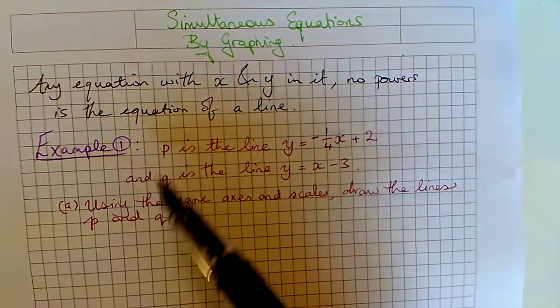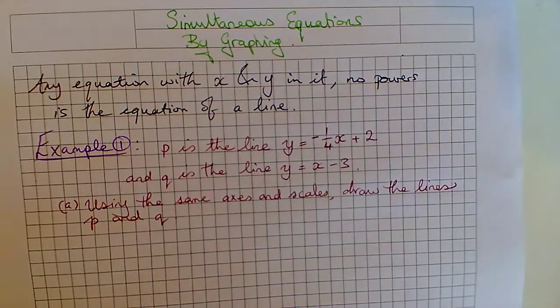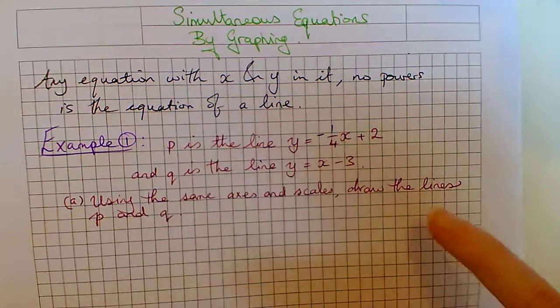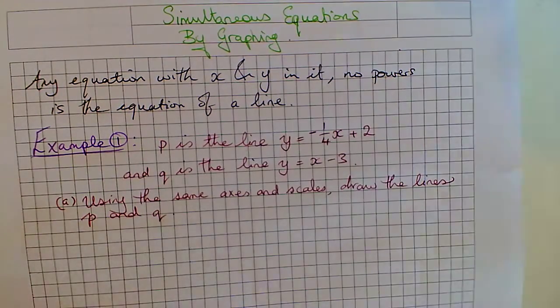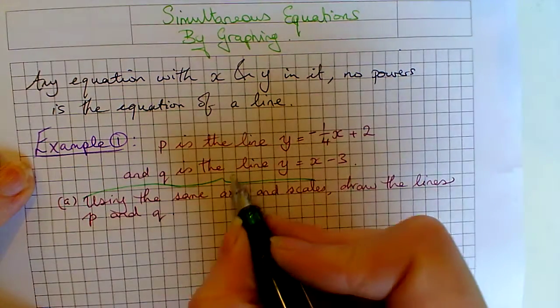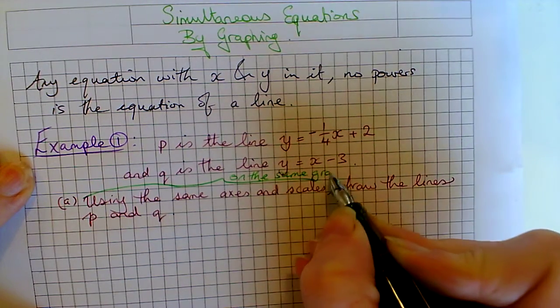It doesn't really mean anything. It could be Fred or Bob or Sive or Julia. What we are being asked to do, though, is to draw the lines on the same graph. Using the same axes and scales means on the same graph.